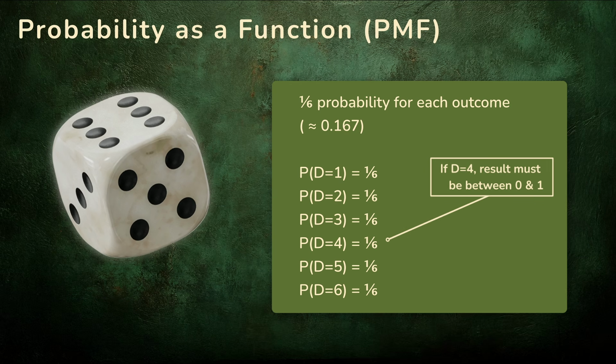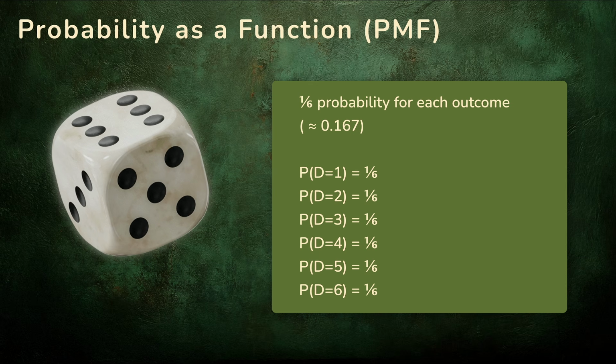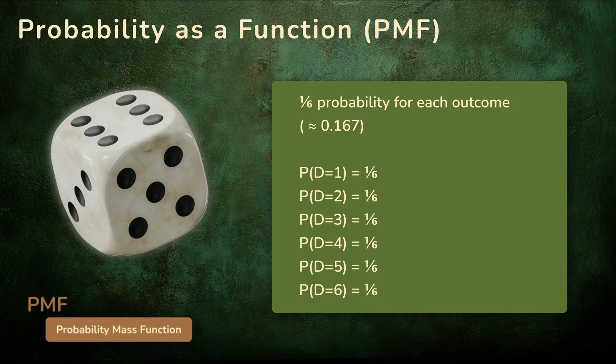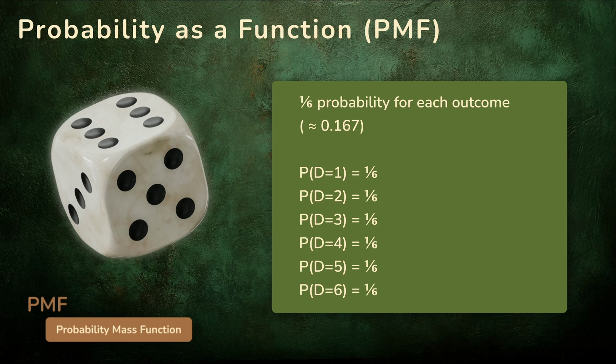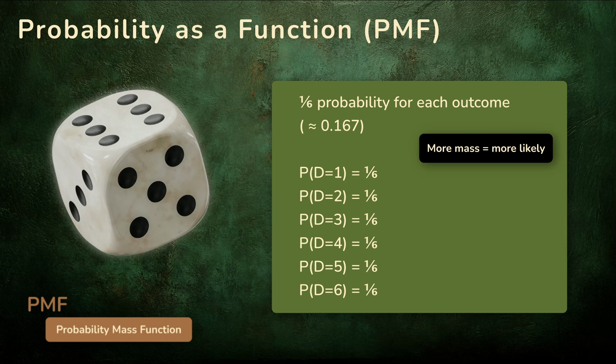That number is the probability of that outcome. A function that gives you the probability of the outcomes of a discrete random variable is called a probability mass function, or PMF for short. In a way of speaking, it places mass on each of those finite number of specific points. The more mass, the more likely the outcome.